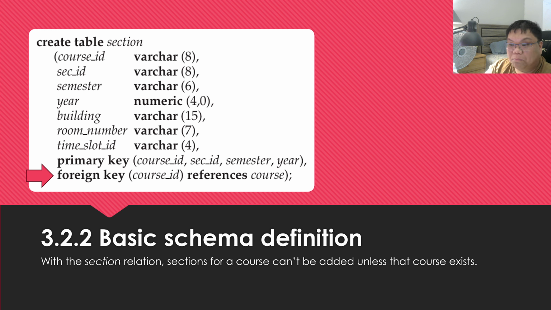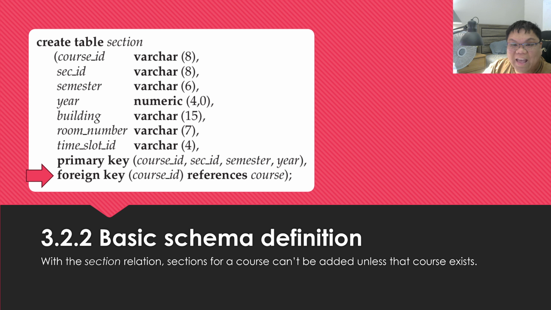So those 2 classes could have the same section ID of 1, so section 1 of their respective courses. They could be taught in the same semester, in the same year. And that would not be enough to identify each one until we add the course ID.